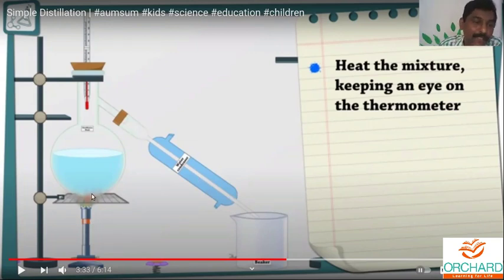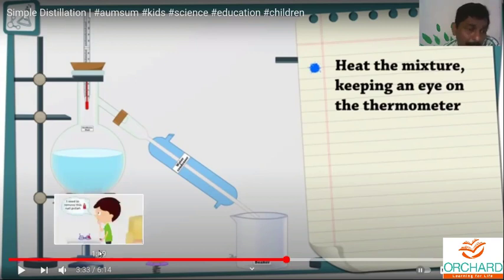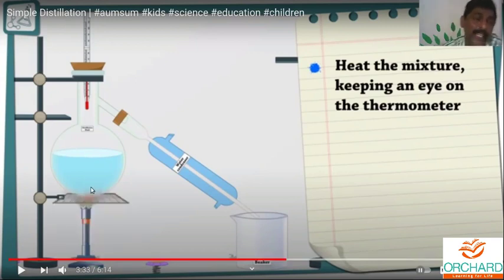So you have a solution of water and some acetone. It is a chemical, and when you heat it, acetone, being a chemical, has a particular boiling point. Water has some other boiling point.